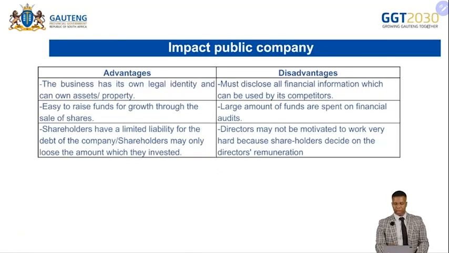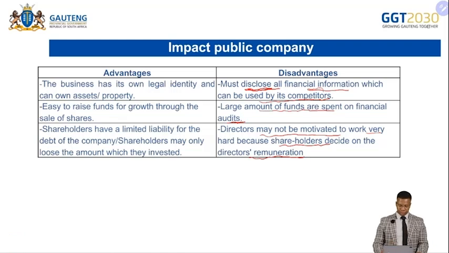Then, disadvantages: they must disclose all the financial information which can be used by its competitors, and large amounts of funds are spent on financial audits for a public company, and directors may not be motivated to work very hard because the shareholders decide on the directors' remuneration.